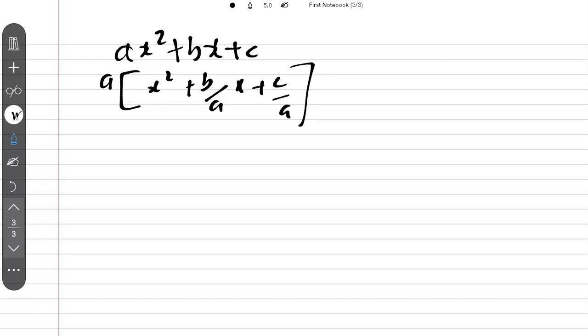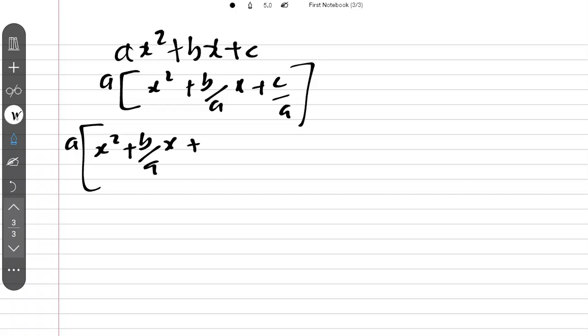Now, what do you do? According to the rule for completing the square, you take half the coefficient of x, square it, and you add and subtract it.